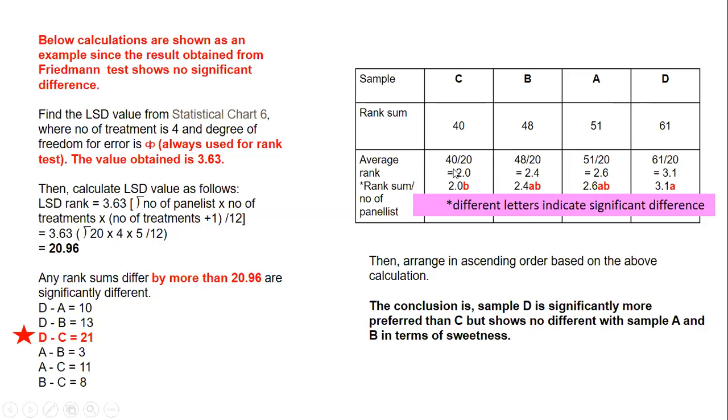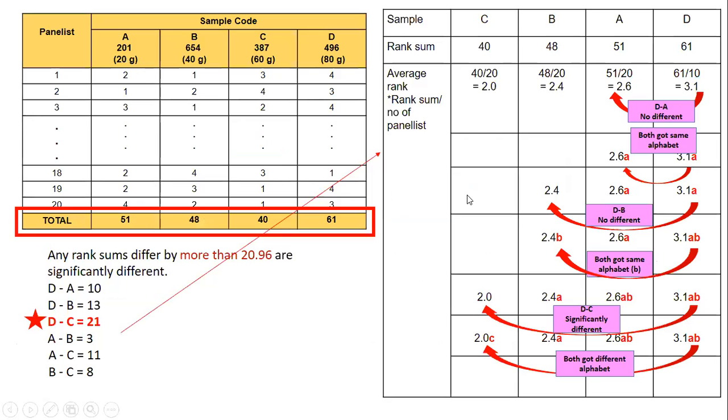Okay, now, how do I get these alphabets? The procedure is like this. Imagine this is the result that we have, the data that we sum up according to the sample name.